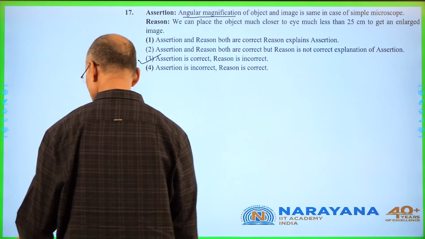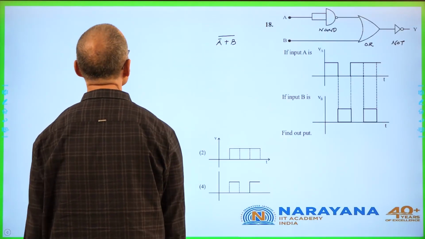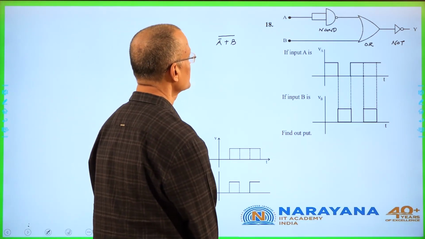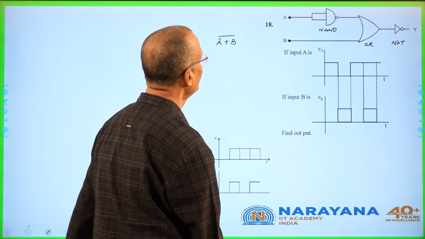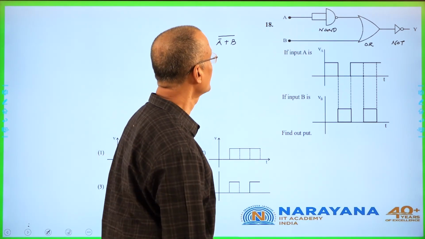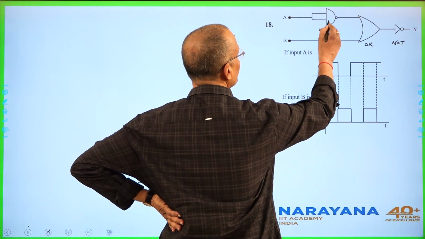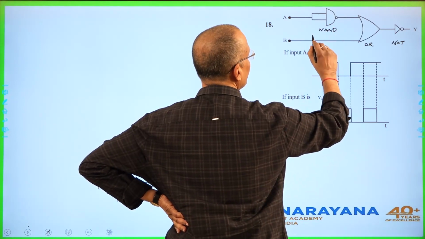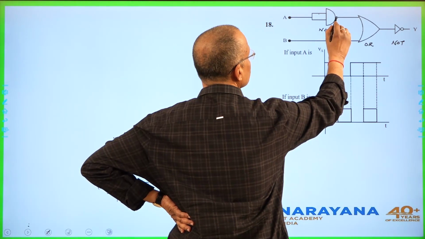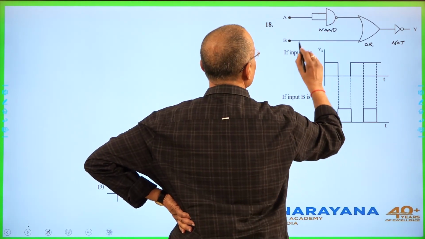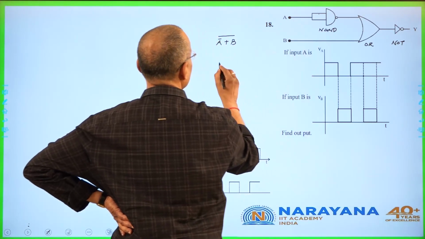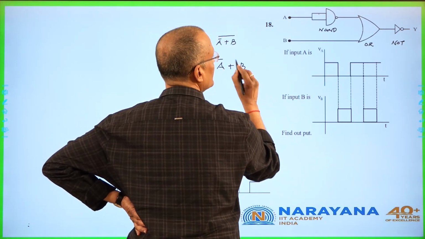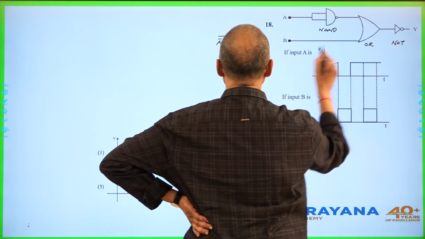Now let us move to the next question, question number 18, from the digital electronics side. Simple, you have a NAND, and A you are putting 2 times. So A into A is A, and it is NAND, so it will become A naught. So this part is A naught and this one is B, and it is not.